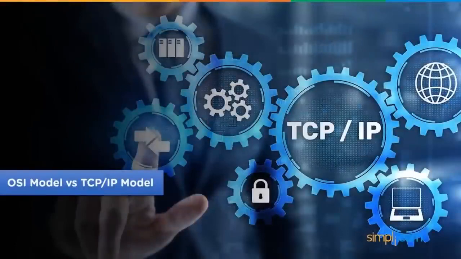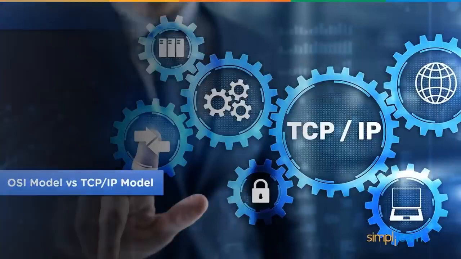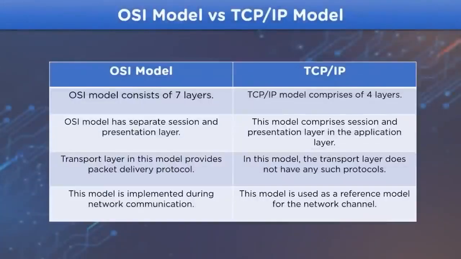Now let's take a look at the last topic for this session, which is the OSI model versus the TCP/IP model. On comparing both of the network models, the OSI model consists of 7 different layers, whereas the TCP/IP model comprises 4 different layers. The OSI model has separate session and presentation layers, whereas the TCP/IP model comprises a single application layer.